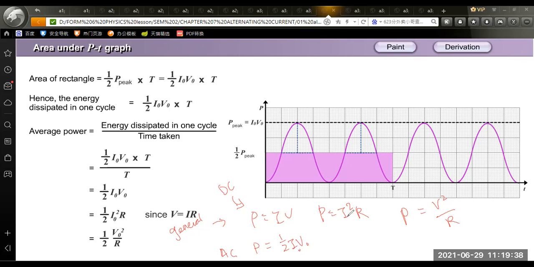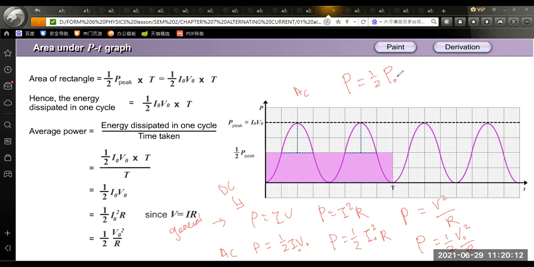So P will be equal to half of I naught square times R. And for the AC, P will be equal to half again, because it's half of the peak power, V naught square over R. In general, we say that the P in AC is equal to half of P naught.